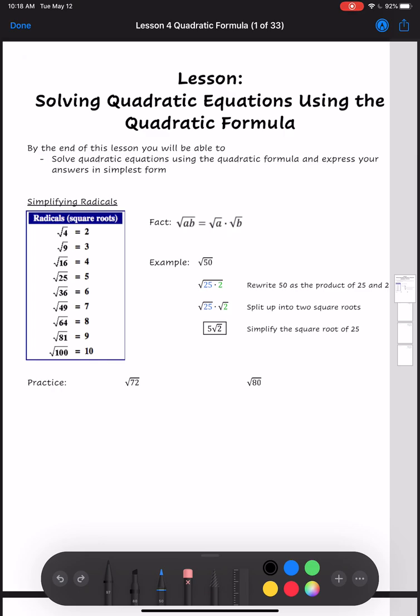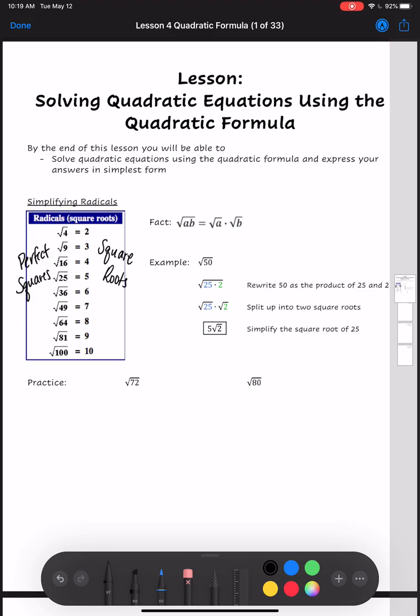So 4 is a perfect square, 9, 16, 25. So on the left-hand side are your perfect squares, and on the right-hand side are your square roots. So a perfect square is 4, and the square root of 4 is 2. A perfect square is 9, and the square root of 9 is 3.